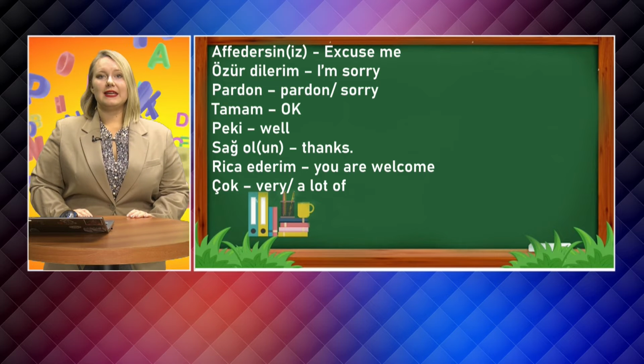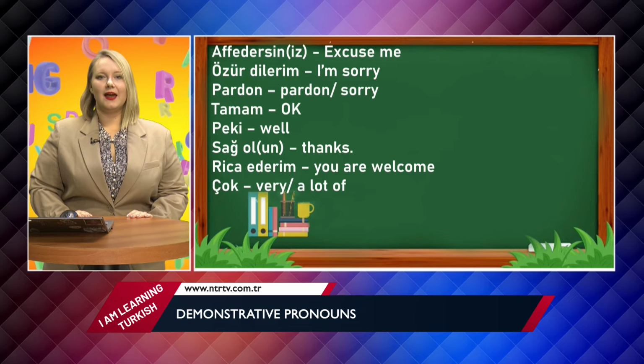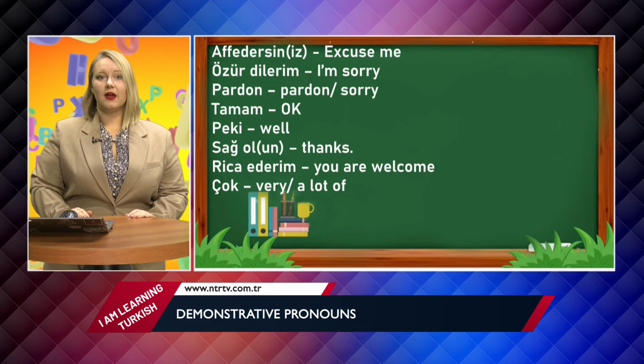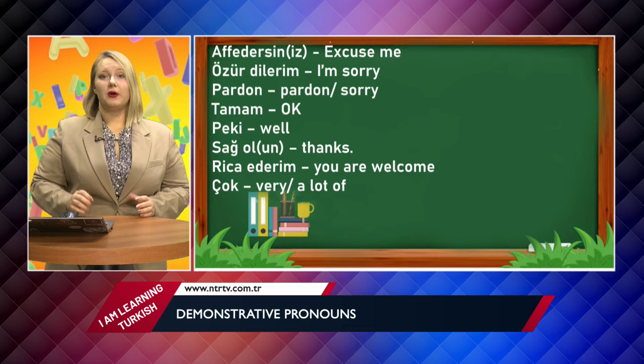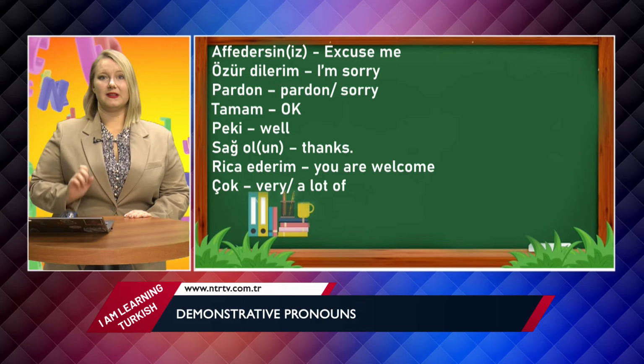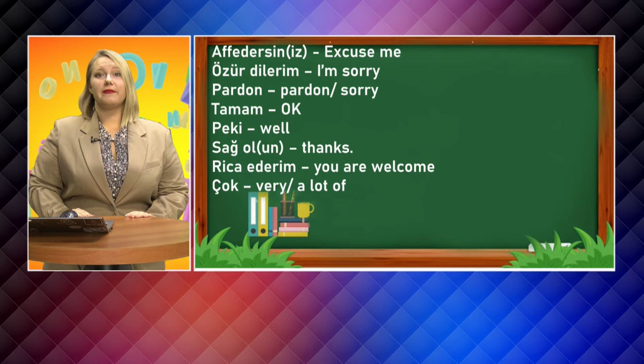First of them is affedersin or affedersiniz, which means excuse me. We use it when we want to call a person to disturb him for a while. Why do we have two of them?